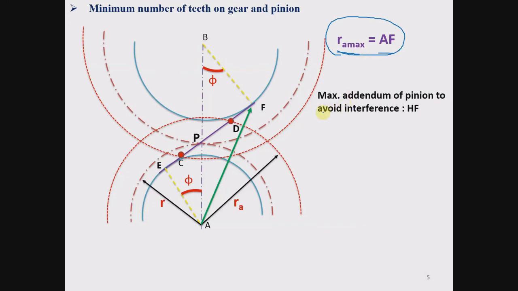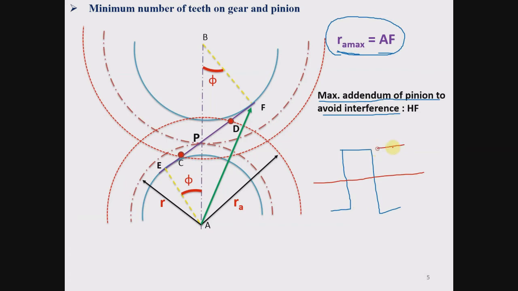Now we will identify maximum addendum of pinion to avoid the interference. Addendum means what? If this is my teeth, this is the pitch circle.